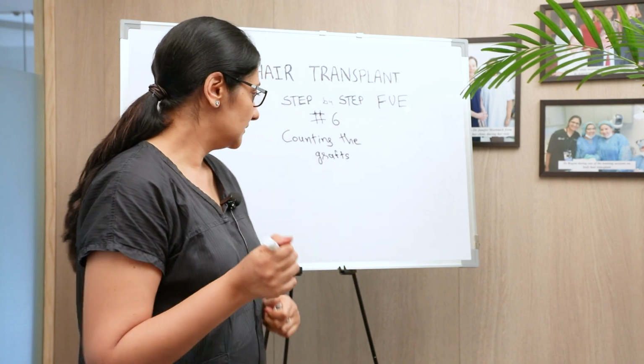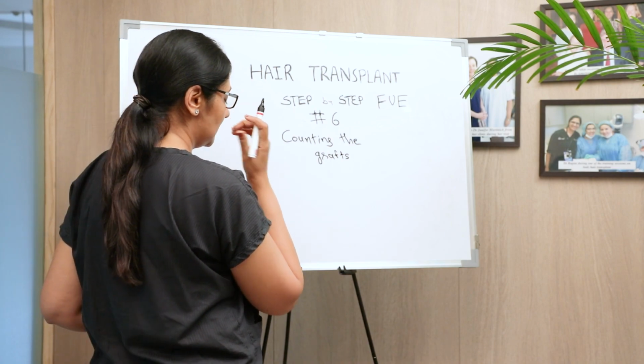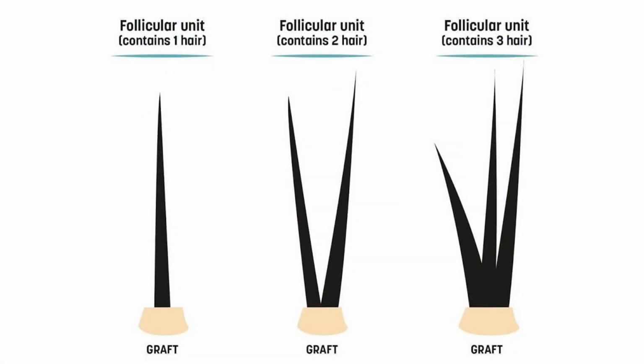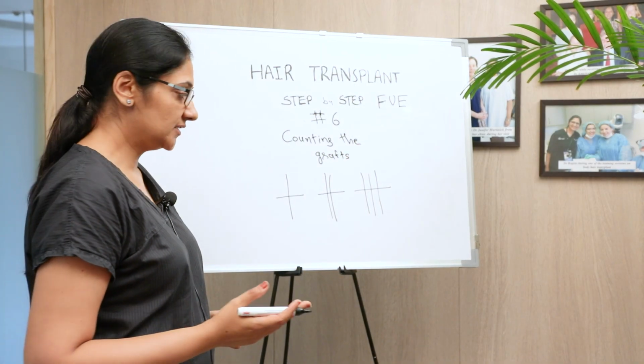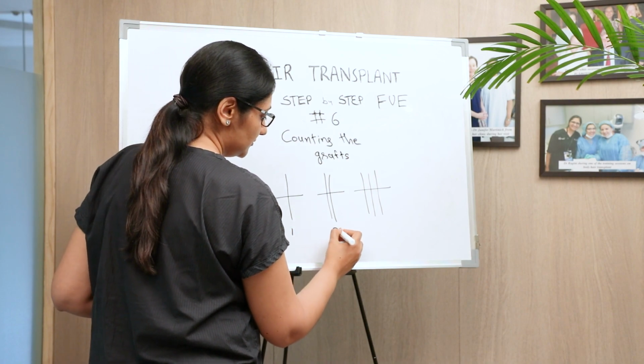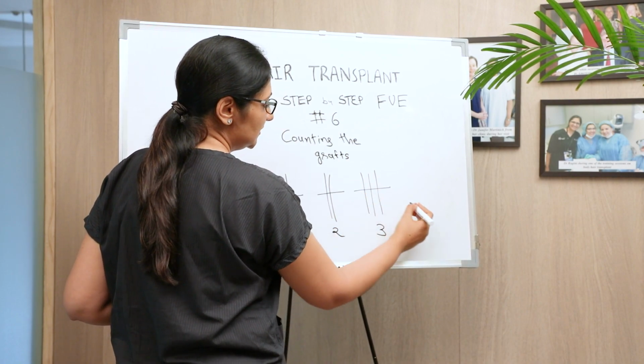There are other things which are important in counting the grafts. Some grafts have a single hair inside, some have 2 hairs inside, some have 3. Now, when we talk about grafts, most of the time this means 1, 2 and 3, a total of 3 grafts.